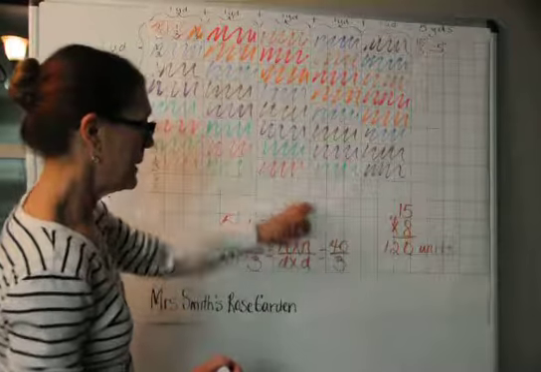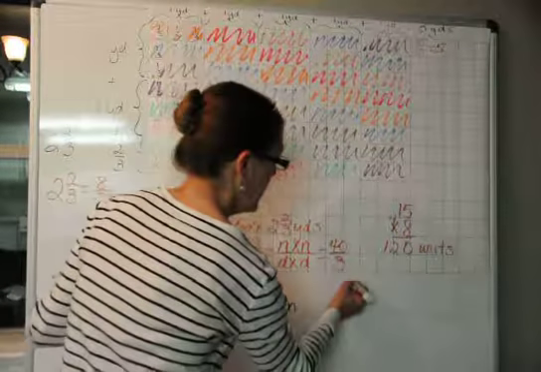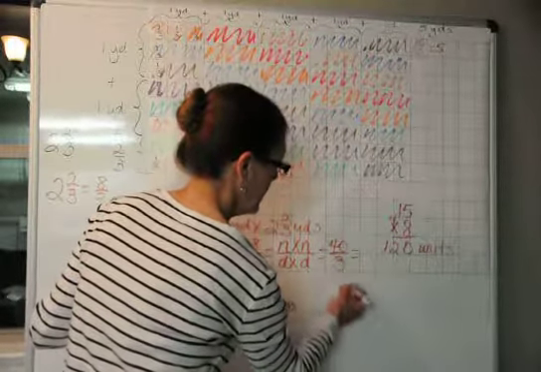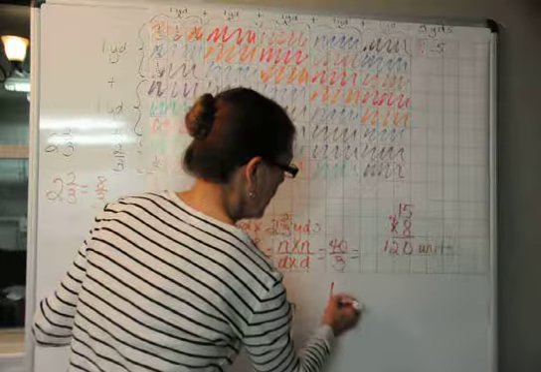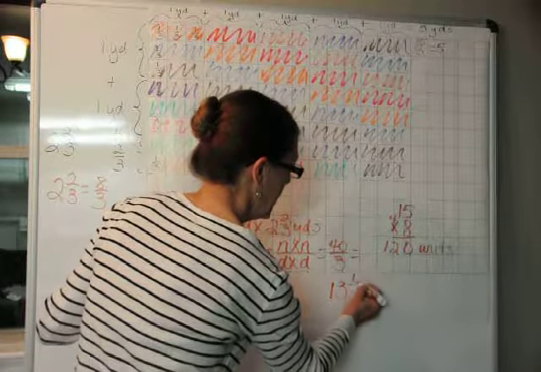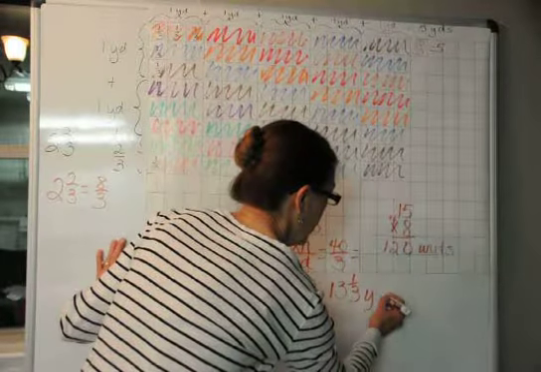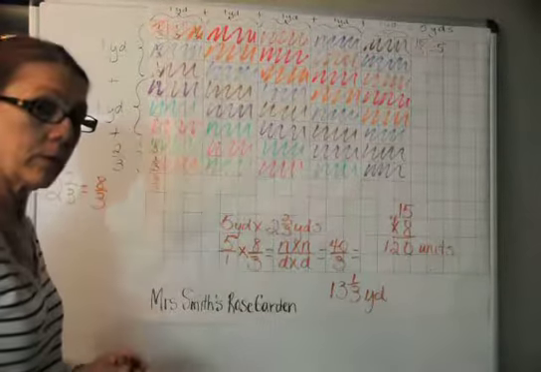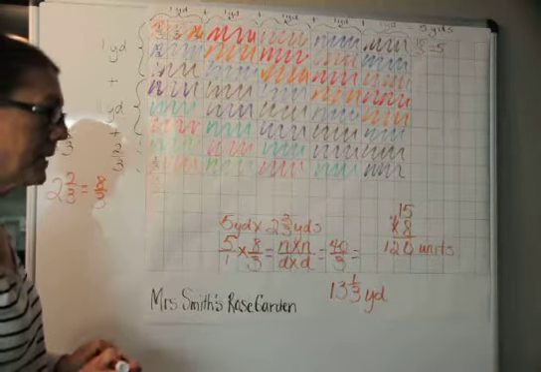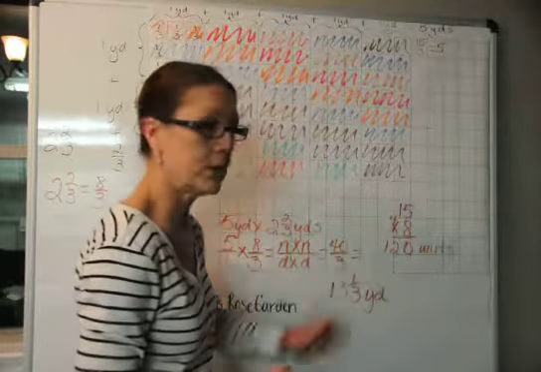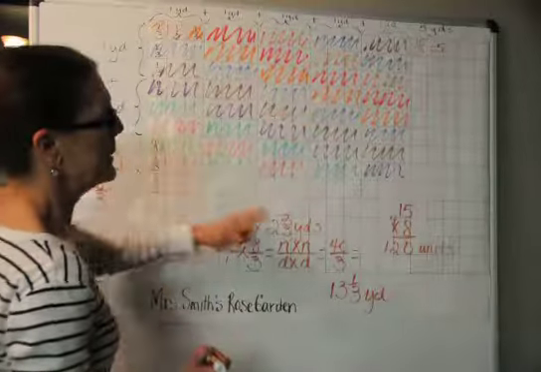This is dealing in yards. And if we simplify this, 3 will go into 40 13 times with 1 left over. And so our area is 13 1/3 yards, which is equivalent to 120 units on this grid.